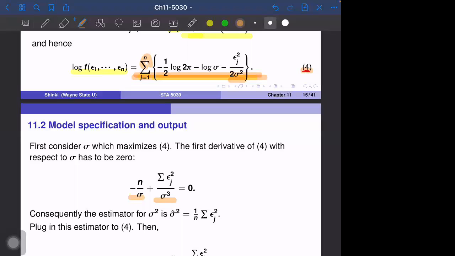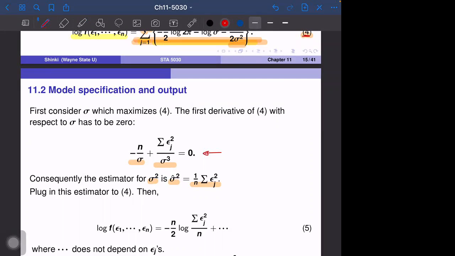The negative also cancels. So finally, the estimate for sigma squared is 1 over n times the summation of epsilon j squared. That is what we get by solving this equation.